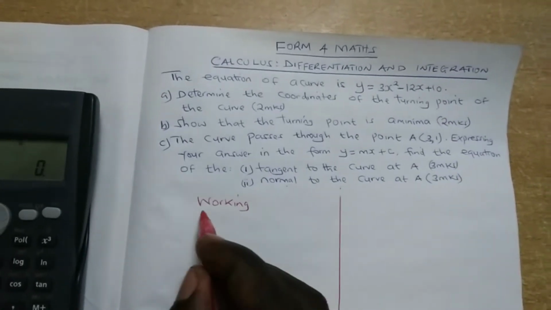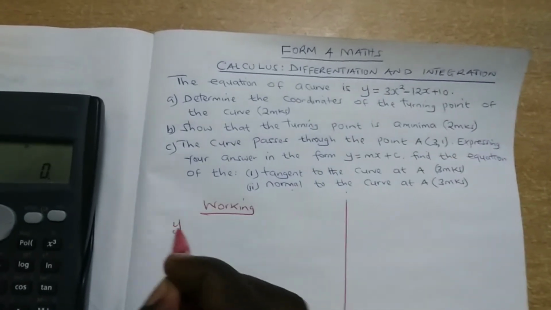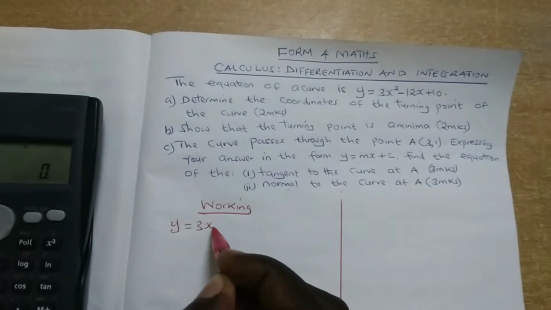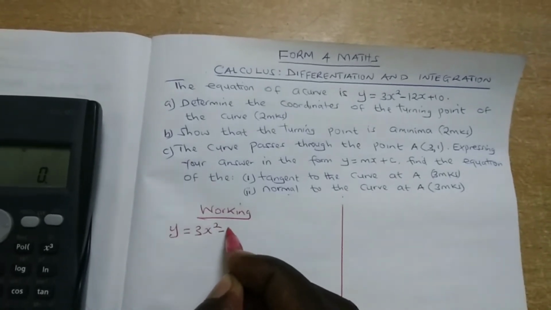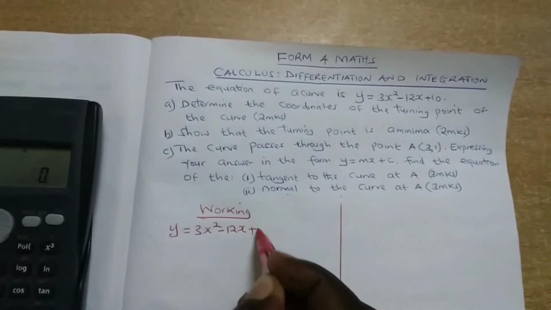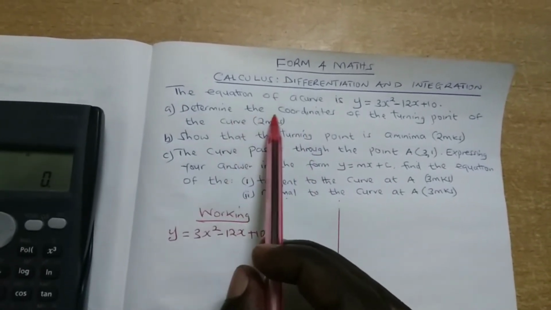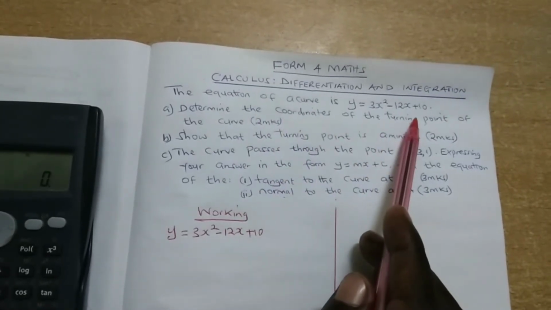Under the working, you have been given the function y is equal to 3x squared minus 12x plus 10, and you are supposed to determine the coordinates of the turning point.